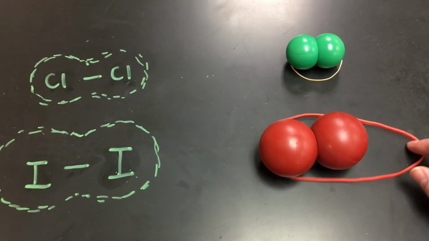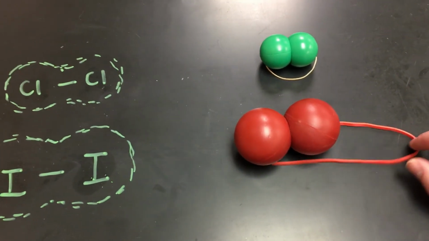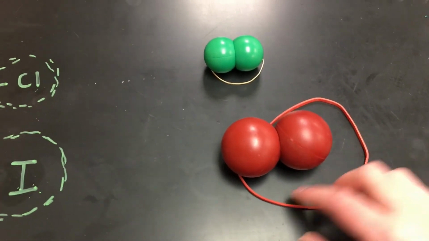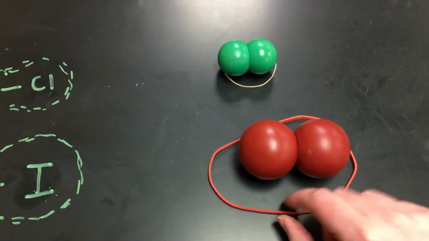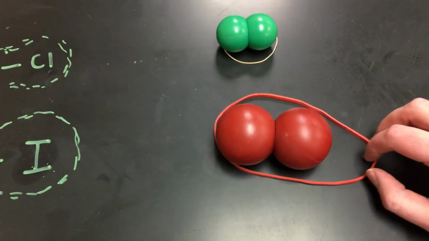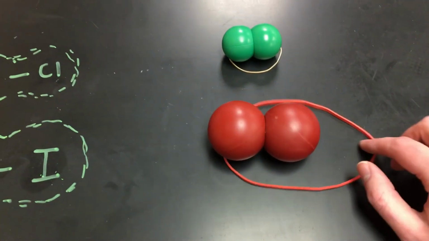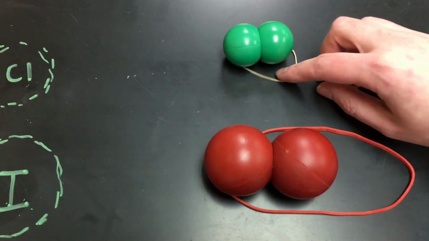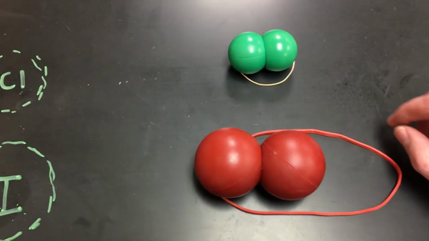So this is a more polarizable molecule. Therefore, we can make a bigger difference in the partially negative, partially positive of a molecule like iodine compared to the partially negative, partially positive of something like chlorine.